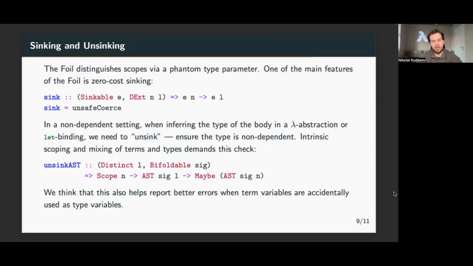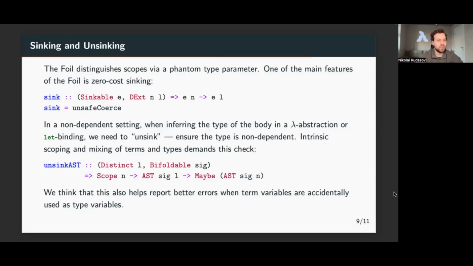So in the type system, that means that in a non-dependent setting, for example, when we're inferring the type of the body in a lambda abstraction or a let binding, we then need to unsink, ensure that the type is non-dependent. And so intrinsic scoping and mixing of terms and types demands this check for us.